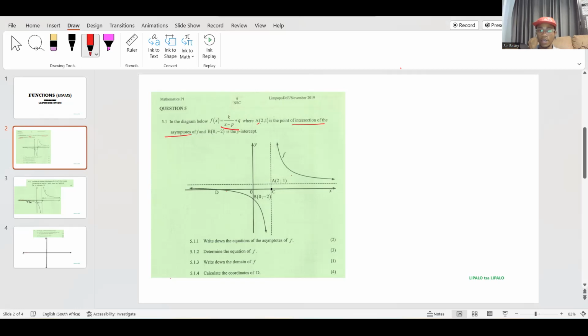What I know from the asymptotes: the horizontal asymptote is defined by y equal to q. The horizontal asymptote here is this one, so y is equal to 1.